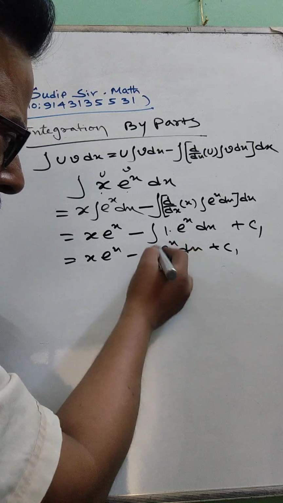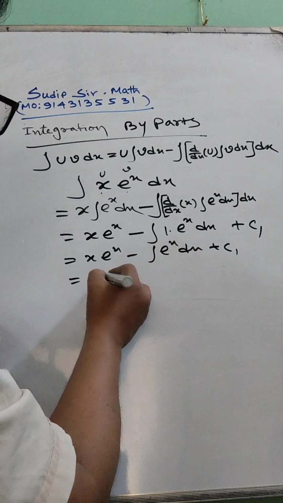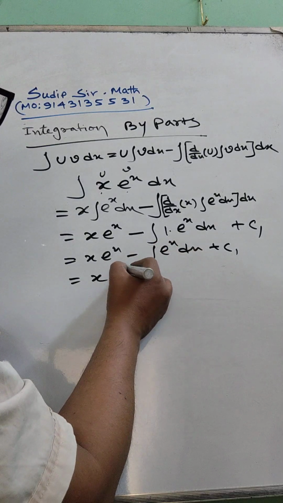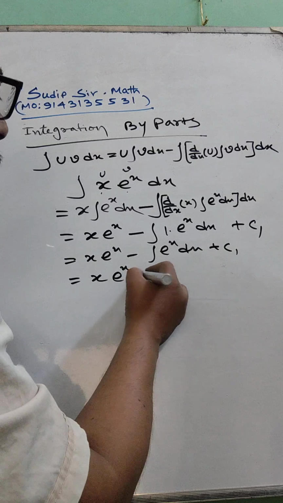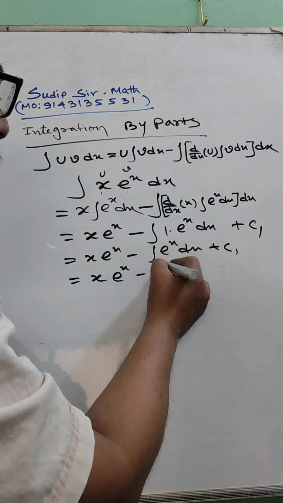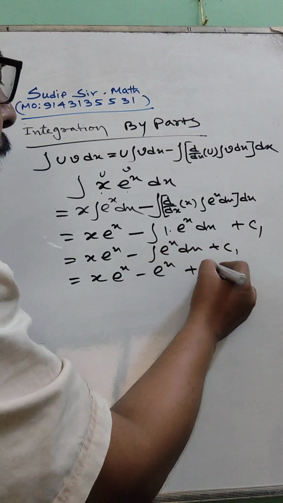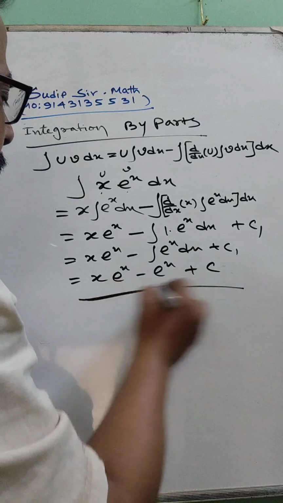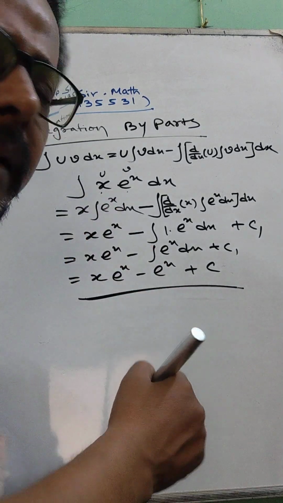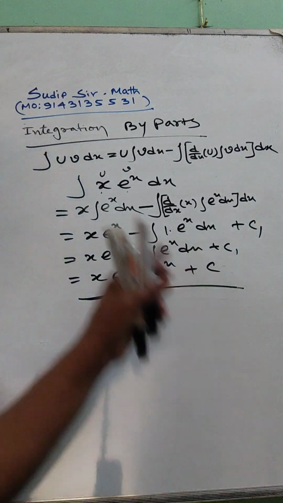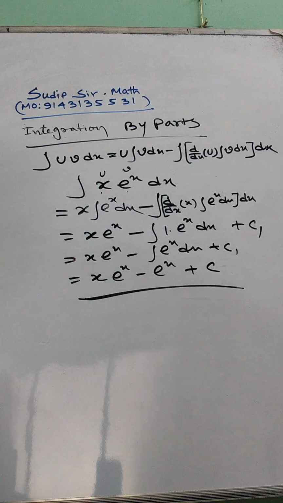You have to integrate again. So it will be x e to the power x minus e to the power x plus, finally, c. So this will be your integration of x e to the power x.